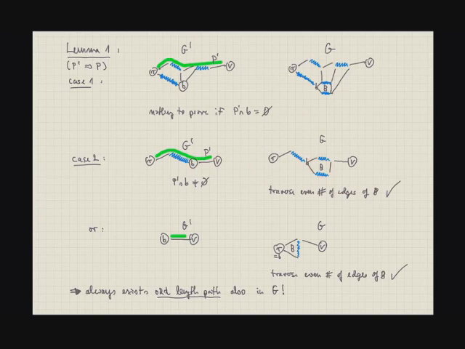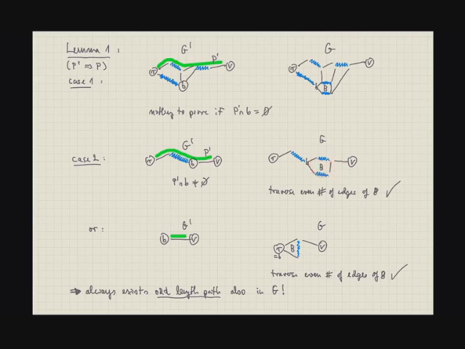And that actually works because when I walk along this augmenting path, I always have two choices. I could turn left or right. And when I turn left, in this example, I would take an even number of edges from the blossom. When I turn right, it will be an odd number of edges from the blossom.